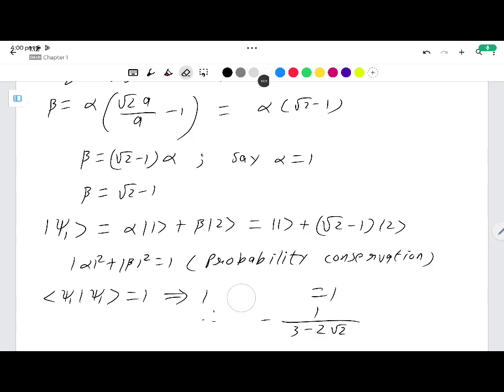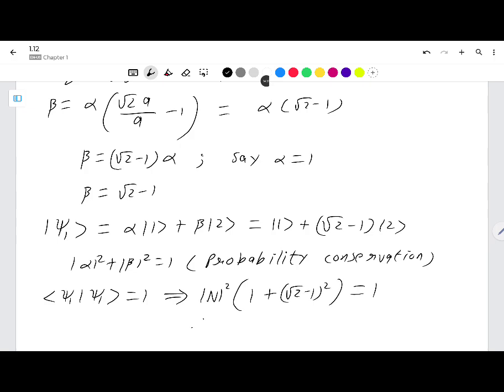Oh no, sorry. So plus |N| square times (1 square plus (root 2 minus 1) whole square) equals 1. That is 1 plus 2 plus 1 minus 2 root 2 equals 1.